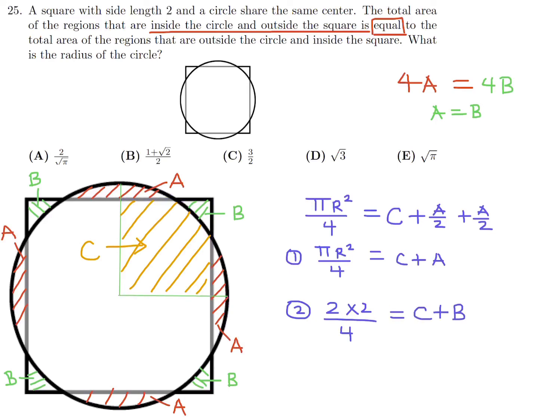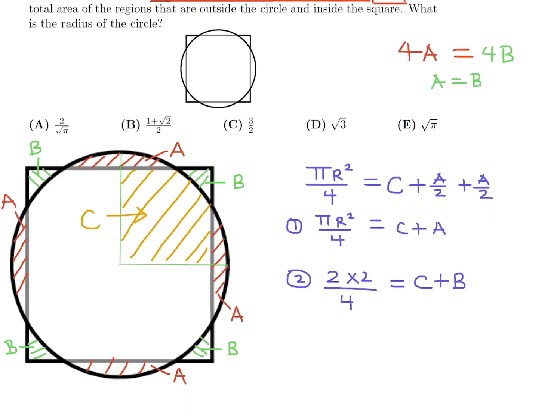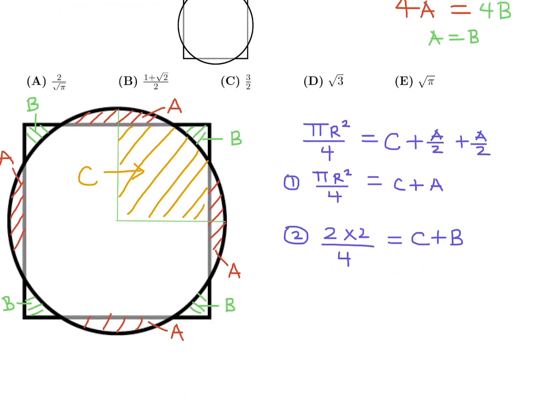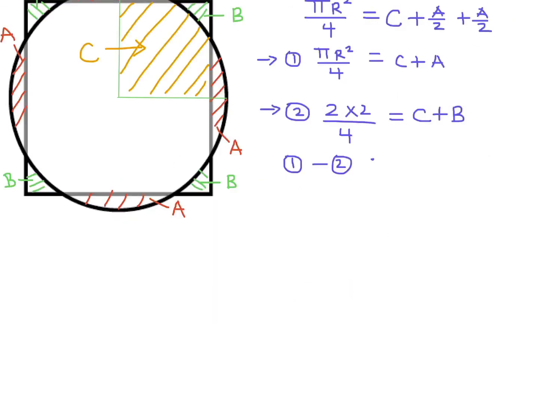All right, now we pretty much are almost done with this question. All we have to do is use equation 1 and equation 2. I will do 1 minus 2. Pi r squared over 4 minus this guy, which is 2 times 2, which is 4 divided by 4, which is 1.